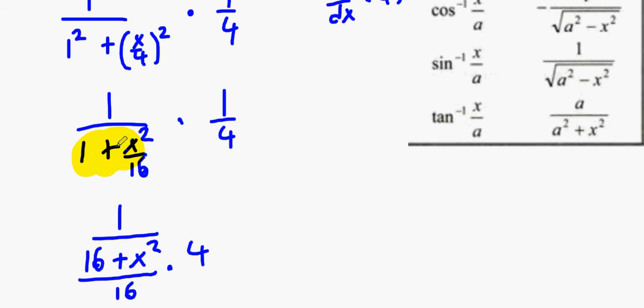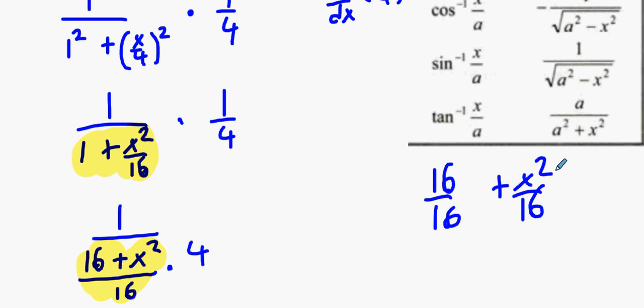Is everybody happy how I transitioned the two yellow bits together? They're the same thing. Does everybody know what I did? Common denominator, I've changed the 1 into 16 over 16. And then I merged the fractions together, okay?